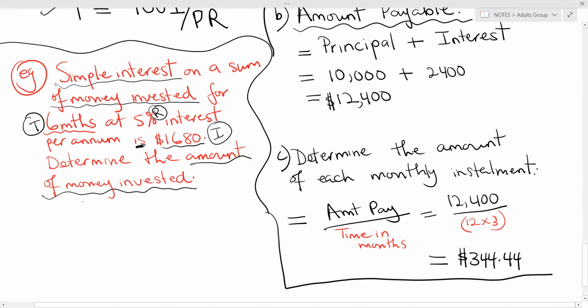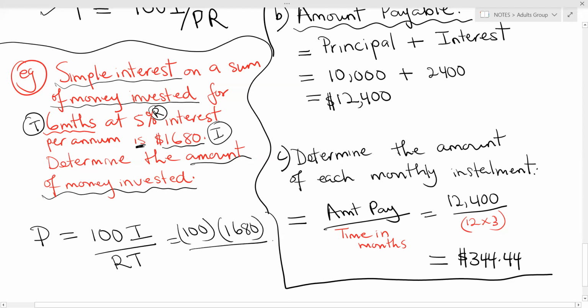So the amount of money invested, of course, is the principal. So what's your formula for principal? 100I over RT. So that's going to be 100 by your simple interest, which is your 1680, over your rate, which is, of course, 5 over.